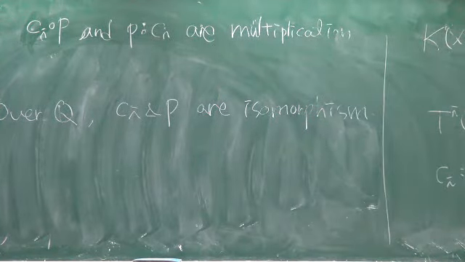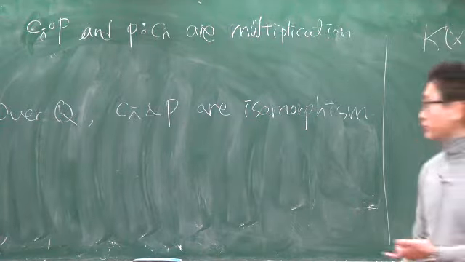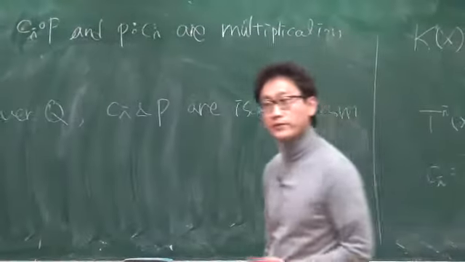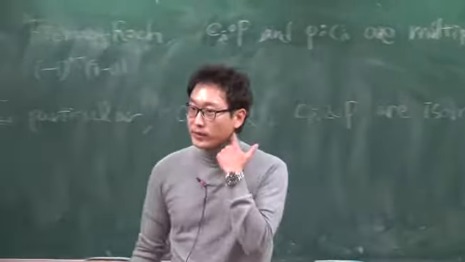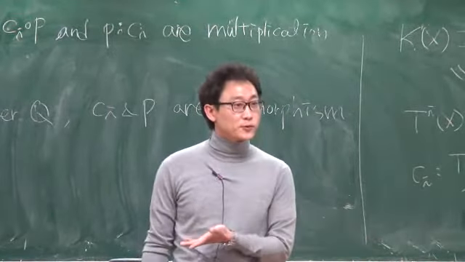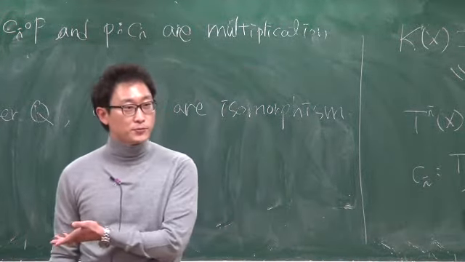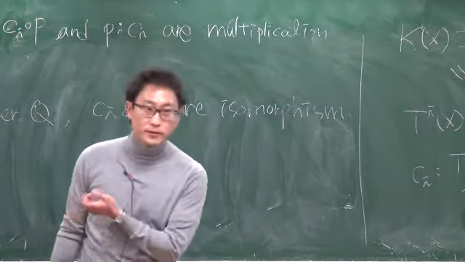So over tensor Q, there is no difference between the gamma filtration, topological filtration, and Chow group. But over Z coefficients, the only difference between the gamma filtration, topological filtration, and Chow group is torsion.